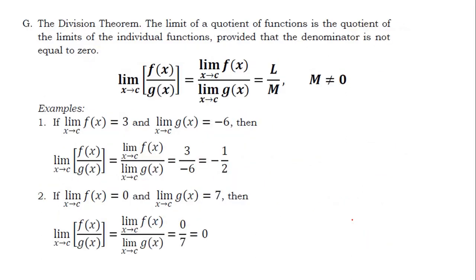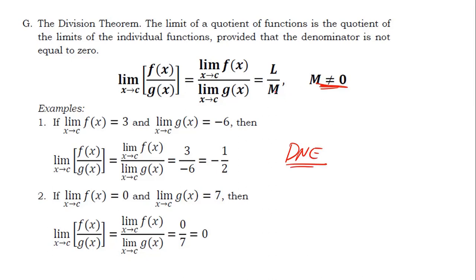For the division theorem, it is the same, but there is a condition: the denominator must not equal 0. Because if the denominator is 0, then you can write DNE, does not exist.